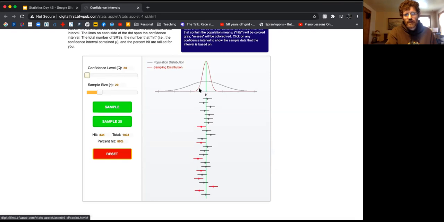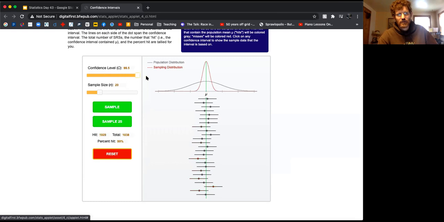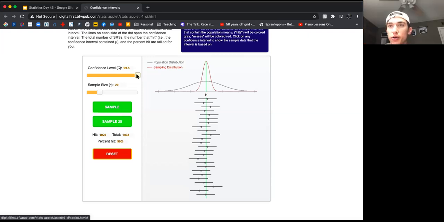So compare, and this is the key takeaway, because this is really dealing with conceptual stuff for today. Compare the confidence interval right here, and I'm going to slide this up to the 99.5% confidence level. Okay, and what happened as I changed the confidence level? The intervals got wider.